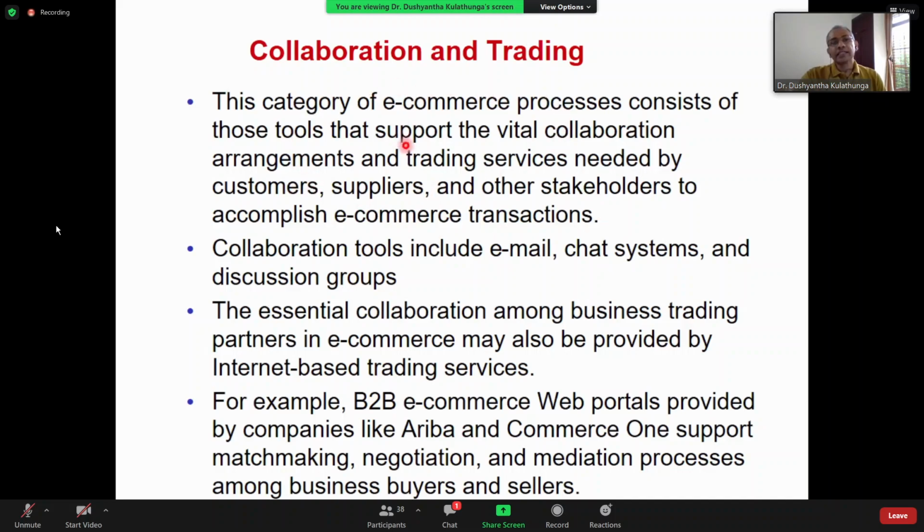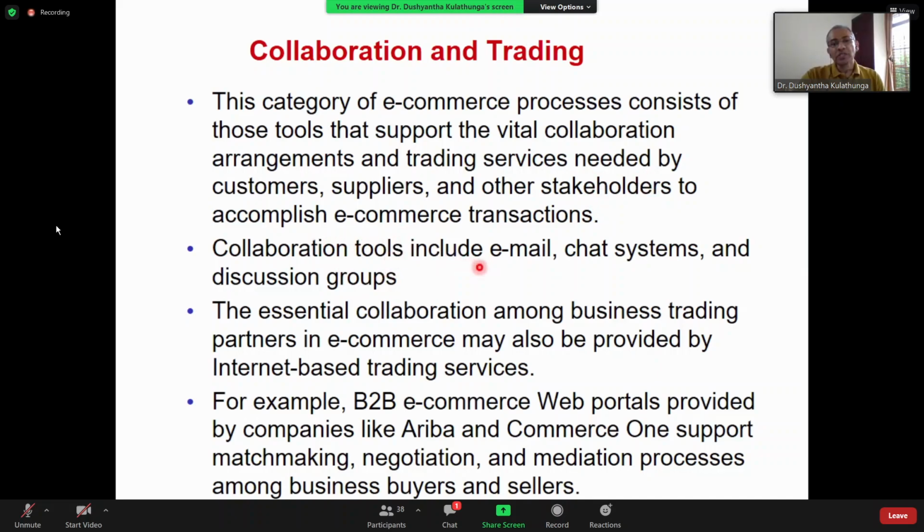Then there is another component identified as collaboration and trading, which we can identify under our overall e-commerce systems. It will facilitate the collaboration and these trading services for the relevant stakeholders, whether customers, suppliers, or other stakeholders.